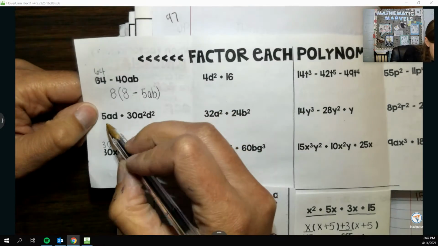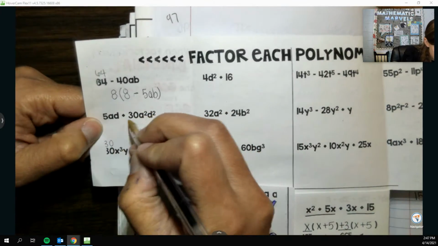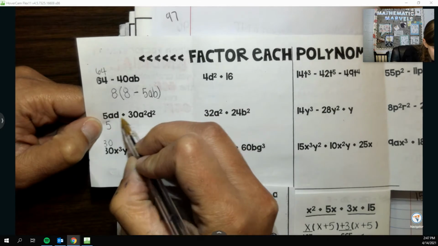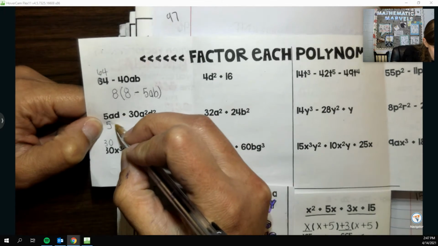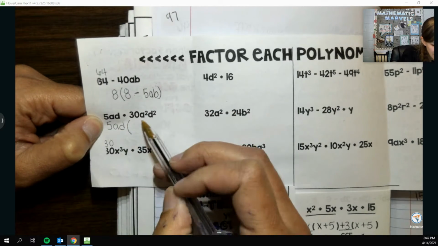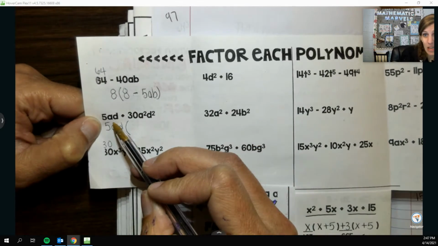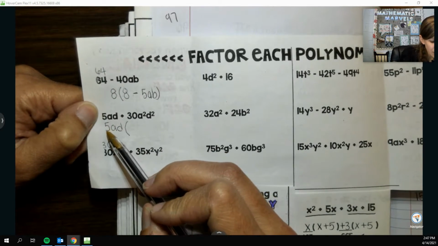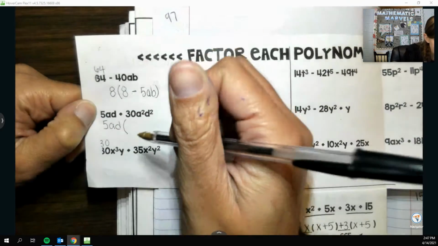Moving right along, if I look at these ones, the biggest number that they have in common is 5. And the best I can do for letters is I can take one A and one D, because this has 2 and that has 2, but this only has 1 for me to take of each. Now, when I think 5 times what gets me back to 5, that's 1.